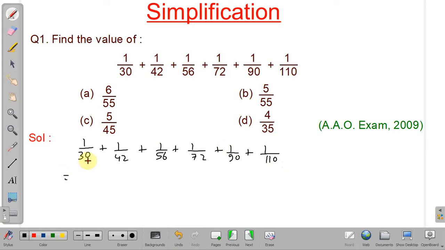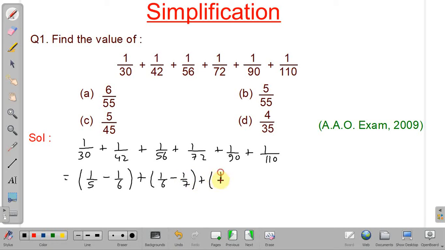So this can be written as 1 by n minus 1 minus 1 by n. Like we can write it as 1 by 5 where n minus 1 is your 5. So n will be 6. So 1 by 6. Similarly, 1 by 42 can be written as 1 by 6 minus 1 by 7.